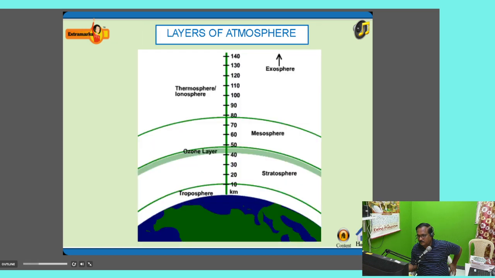There are 5 major layers of atmosphere. These are troposphere, stratosphere, mesosphere, ionosphere, exosphere.